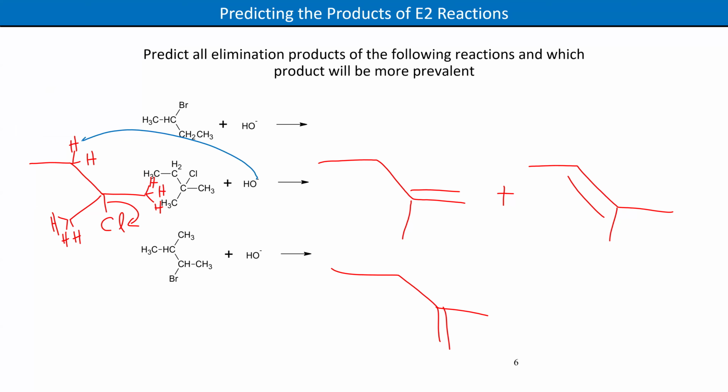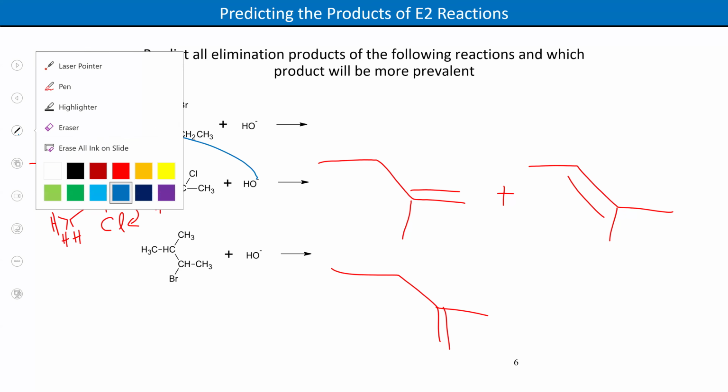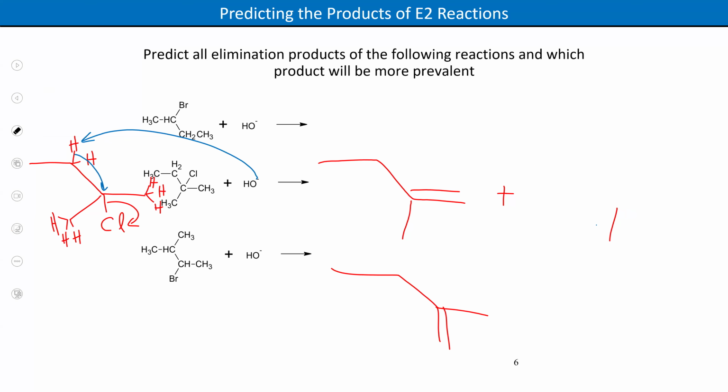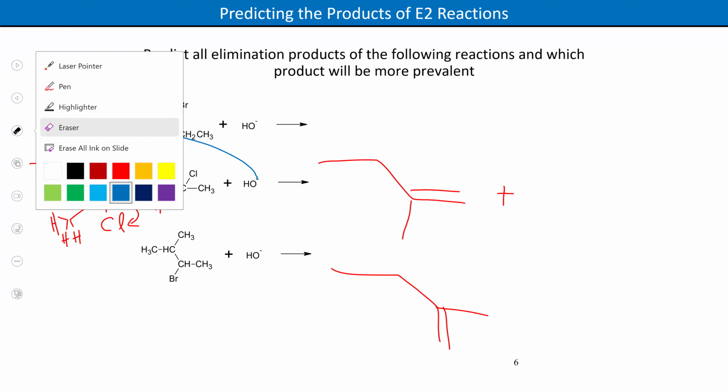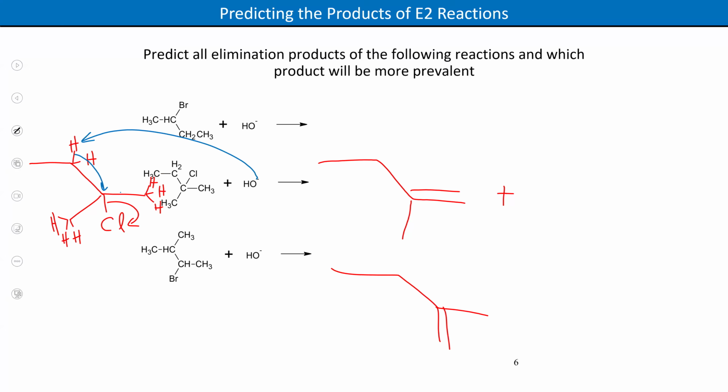So if the hydroxide grabs from that carbon, we're going to make that product.